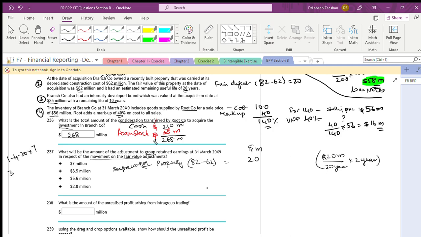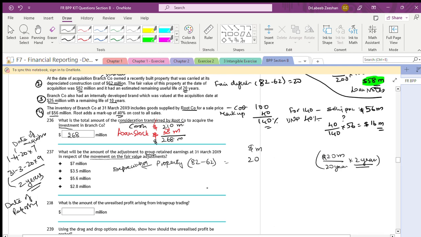We are preparing on 31st/3/2009. How many years are there? 2 years. This is the date of acquisition and this is the date of reporting. That is why we have to take the 2 years into consideration. It comes to 2 million.